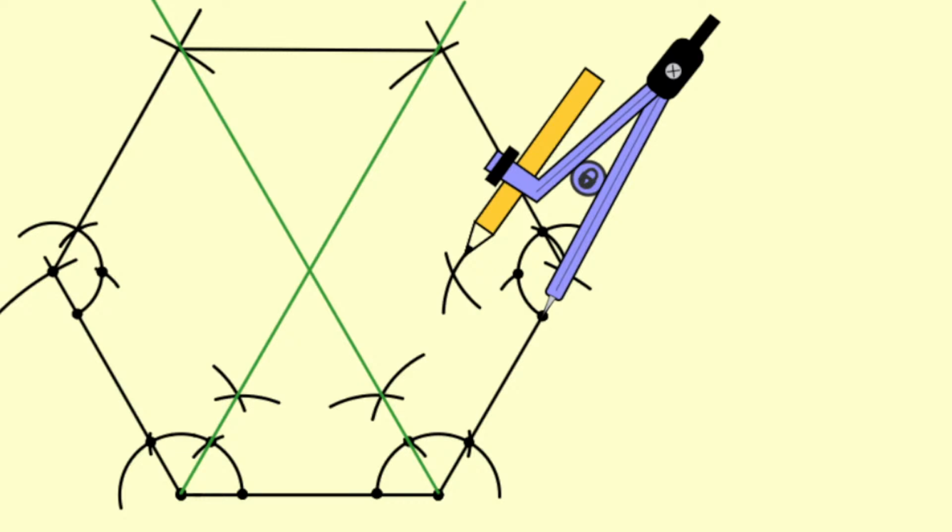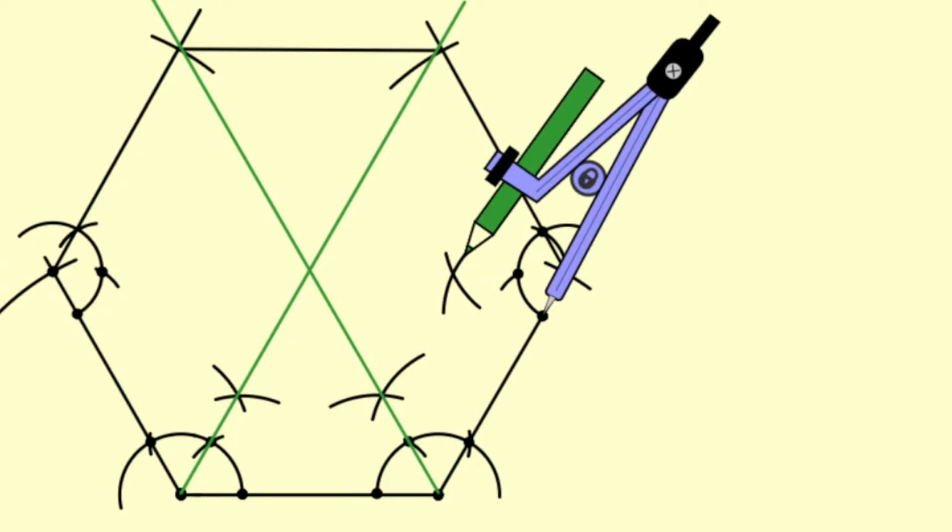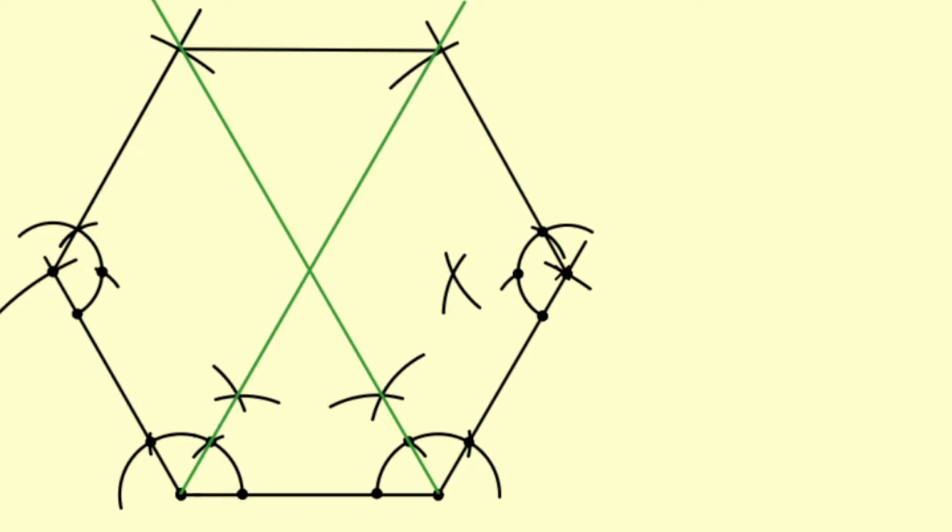Two arcs are drawn now. Now we can draw the angle bisector. It should start from the vertex of this angle and pass through the point of intersection of these two arcs. So here you can see my three lines of symmetry are done. They are meeting at a common point.